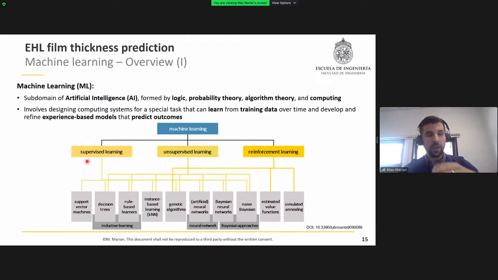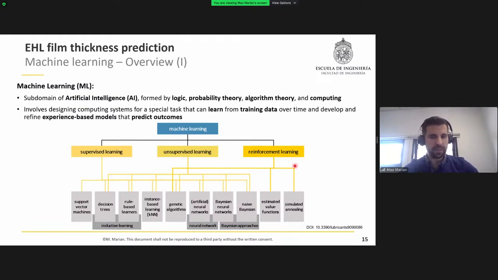During the learning, a teacher or an expert basically provides the correct input and output. And in unsupervised learning, the algorithm generates a statistical model that describes a given data set without the model being evaluated by a teacher.